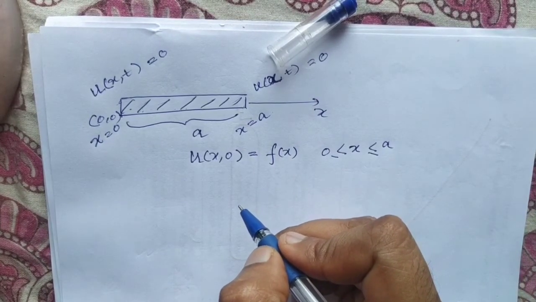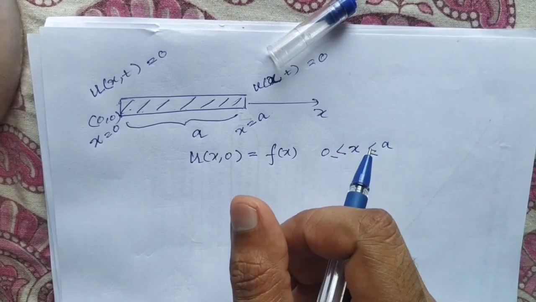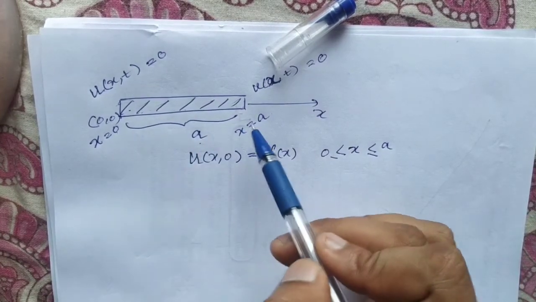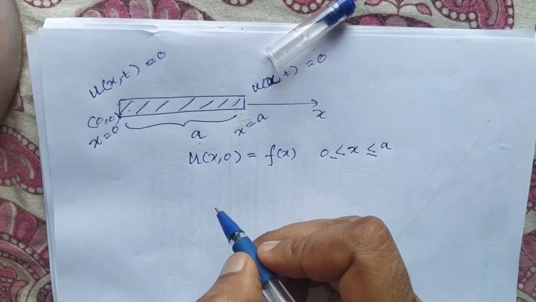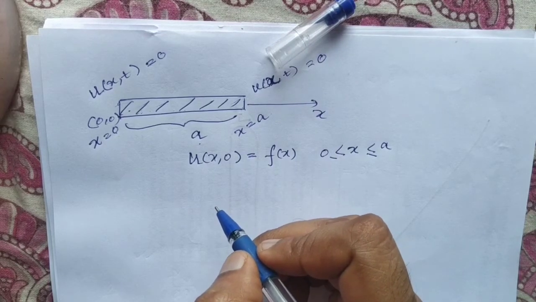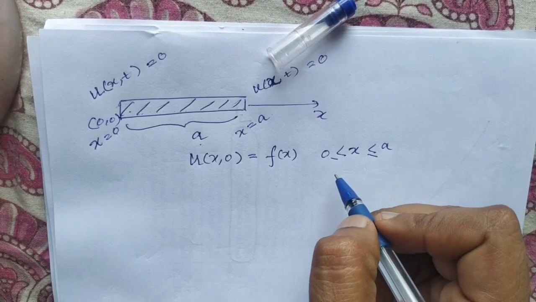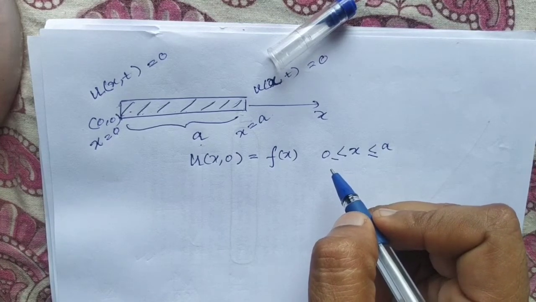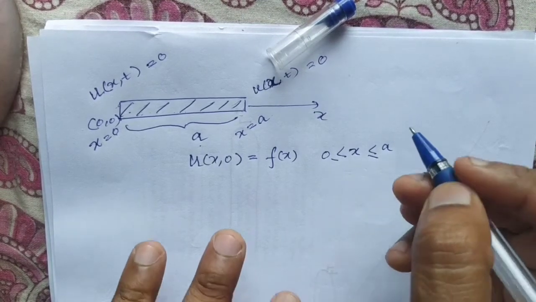Again, coming to the problem: if both the ends of a bar of length a are at temperature 0, and the initial temperature is a prescribed function f(x) in the bar, then find the temperature at a subsequent time t. Now this is the initial temperature, and at a subsequent time t, you have to find the value of u(x, t).